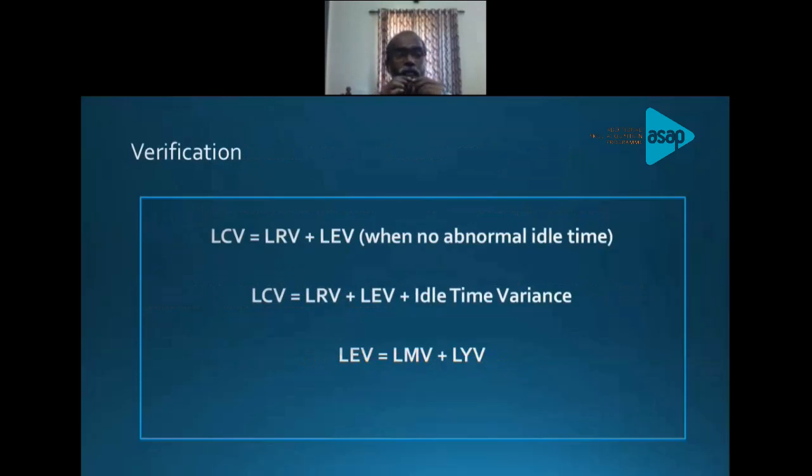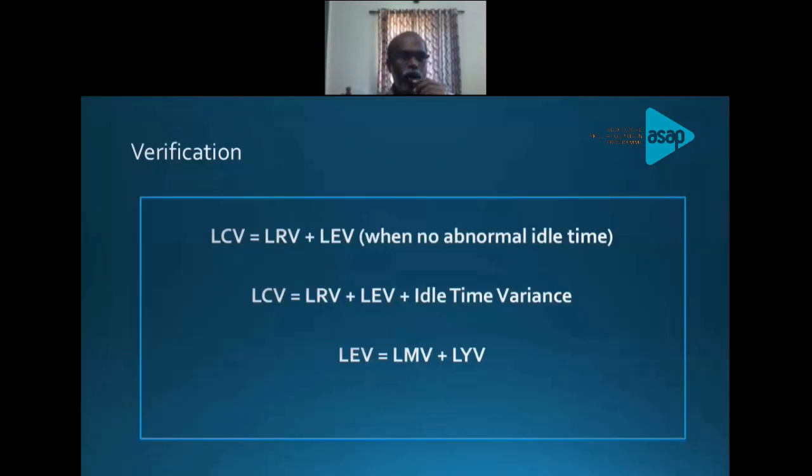Now we have to verify. As in the case of materials, we can verify here also: labor cost variance is equal to labor rate variance plus labor efficiency variance. This is applicable when there is no abnormal idle time. As in the case of materials, material cost variance is equal to material price variance and material usage variance.